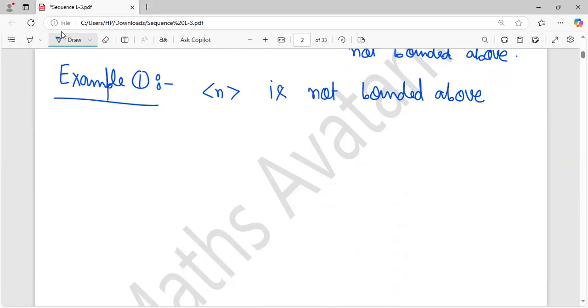If a sequence is not bounded above or not bounded below, then it cannot be a bounded sequence. So it is an unbounded sequence, because a sequence is bounded if and only if it is bounded below as well as bounded above. Now this sequence is not bounded above. So what does it mean? It means this is an unbounded sequence.